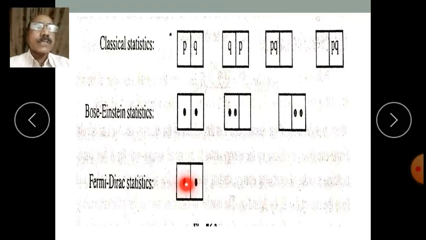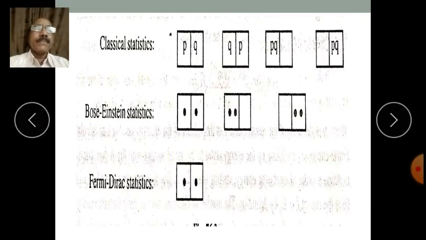So each particle has to occupy a separate compartment. Depending upon the nature of the particles, we can apply different types of statistics. This is classical or Maxwell-Boltzmann statistics, if the particles have certain types of characteristics.